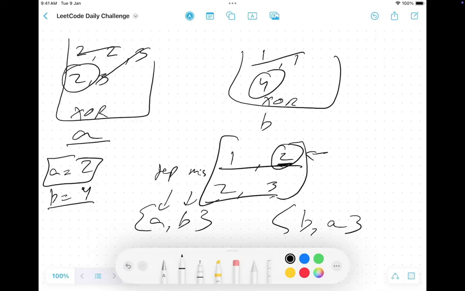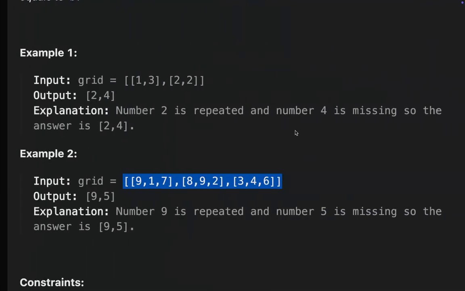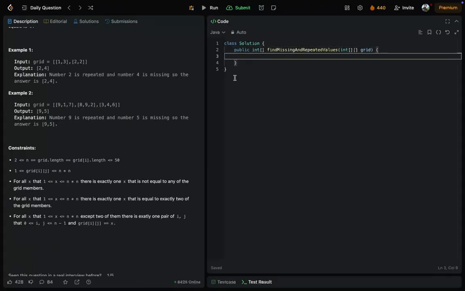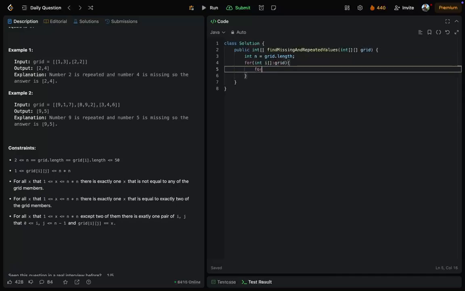So let's quickly code this. This is our first approach, and we first need to find n. Our n is this. Then just iterate and find the XOR.